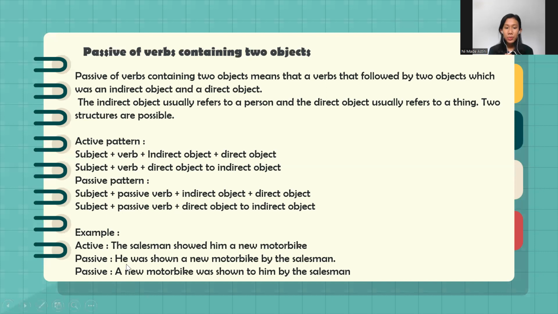So if you want to put the indirect object as the subject, it becomes "He was shown a new motorbike by the salesman." Or if you want to put the direct object first, it becomes "A new motorbike was shown to him by the salesman." Remember, you need to put "to" here.